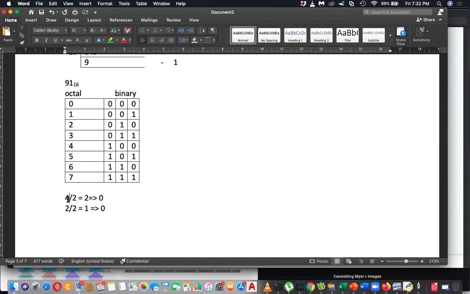Let's say 5. 5 divided by 2 is 2 remainder 1. 2 divided by 2 is 1 remainder 0. It's 1, 0, 1. Okay. All of you got these answers? Any question?